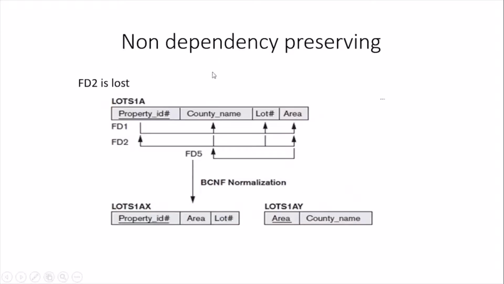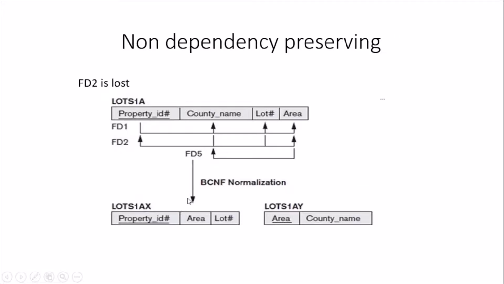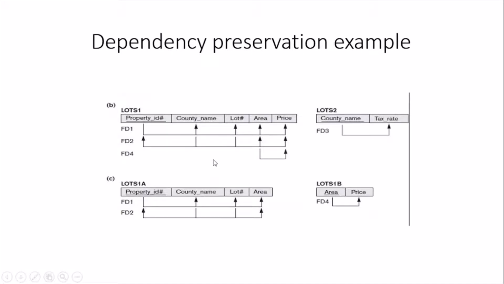And you can see a non-dependency preserving example also. So consider again the same relation loads 1A, with two functional dependencies. And suppose we have one more dependency, that is FD5, between area and county name.